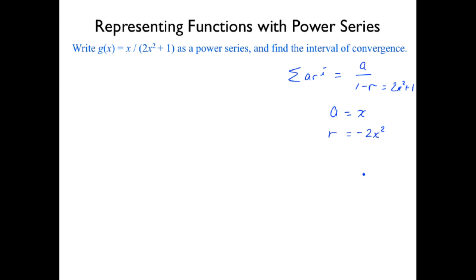Do you see it? Because 1 plus 2x squared is the same as 1 minus negative 2x squared, right? So we could rewrite this as x over 1 minus negative 2x squared. And then there's a, and there's r.